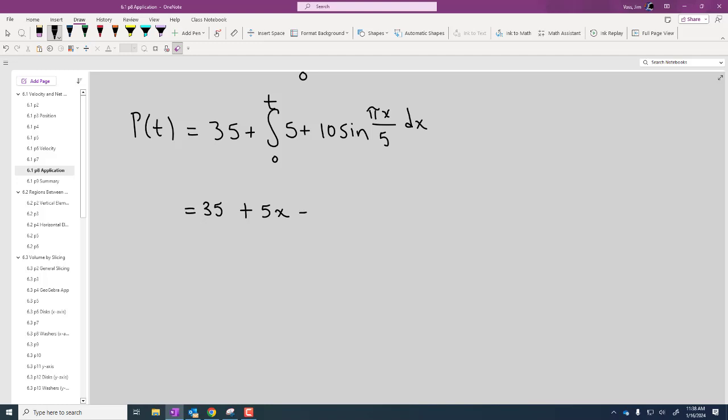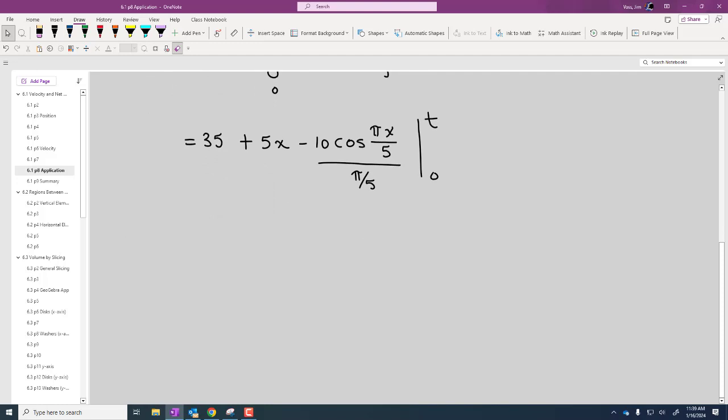So we're going to have minus 10 cosine of the same angle. Now we divide by the derivative of the angle, pi over 5. And this is on the interval 0 to t.